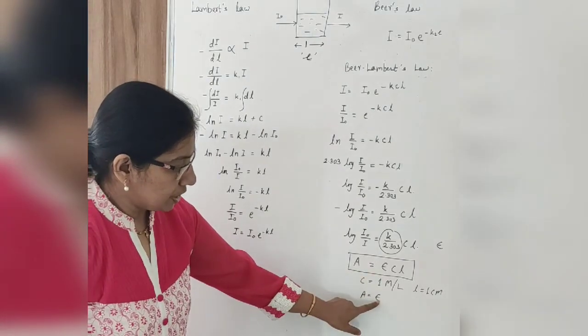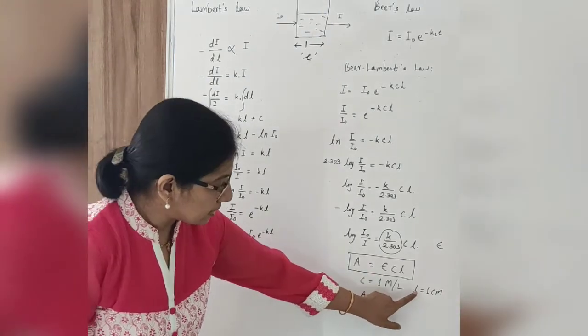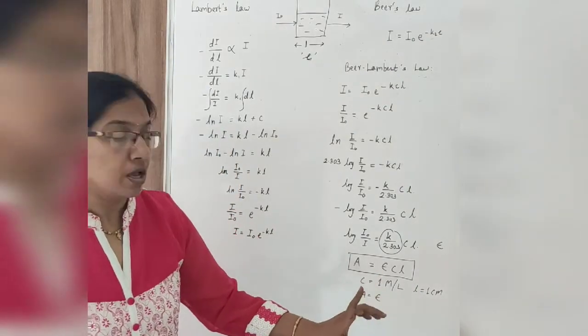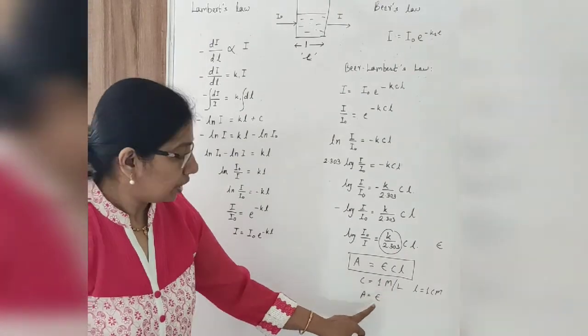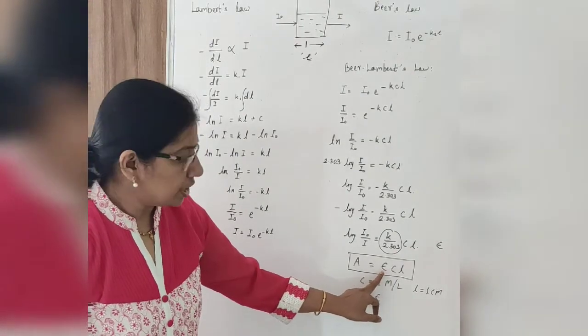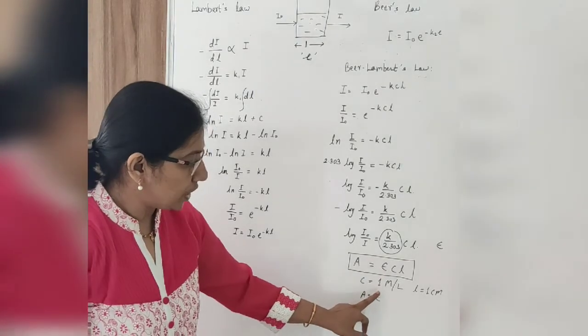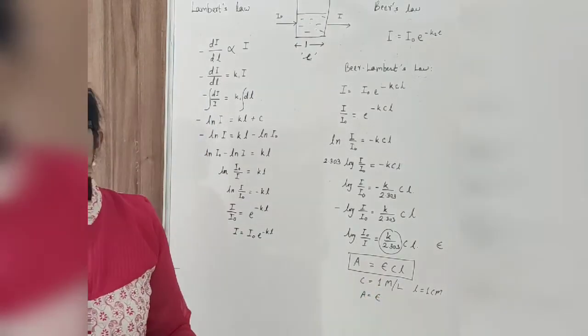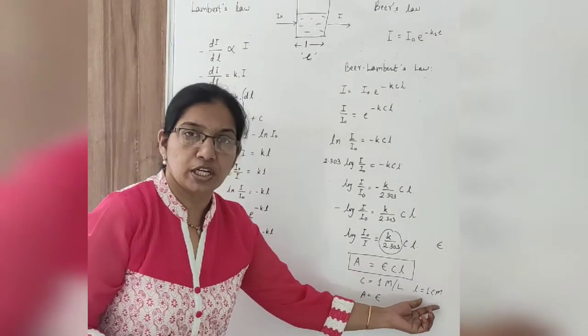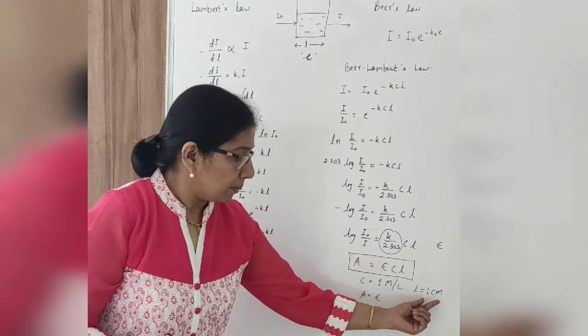This term is called the molar extinction coefficient, since we are taking the concentration as 1 mole per liter. The molar extinction coefficient is nothing but the absorbance when the concentration of the solution is 1 mole per liter and the path length is 1 centimeter.